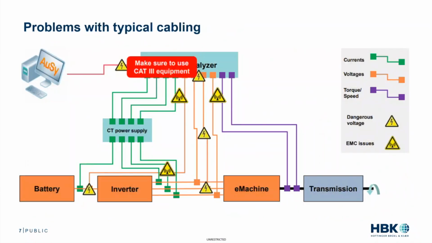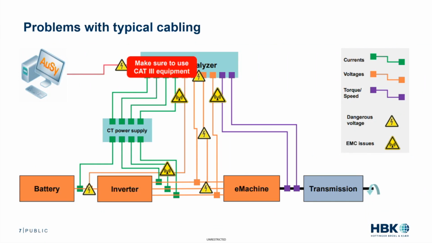So problems with this typical cabling setup involve dangerous voltages, naturally voltages that may be near 1,000 volts, maybe even more. And then you also have EMC issues. Those are, of course, from pulse width modulated voltages from the inverter, and there could be some other issues as well that are generating some noise in the environment.